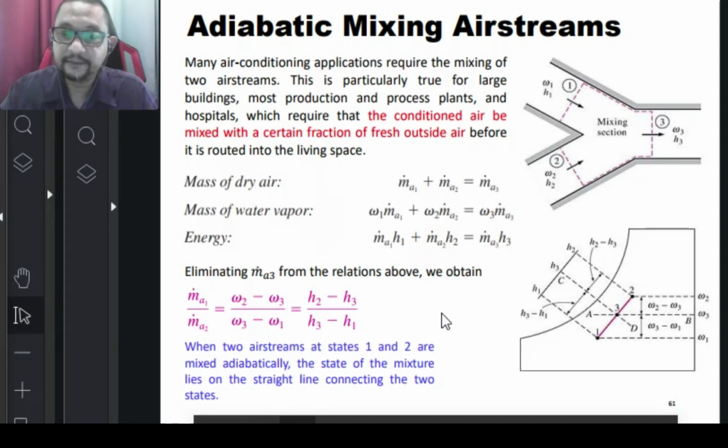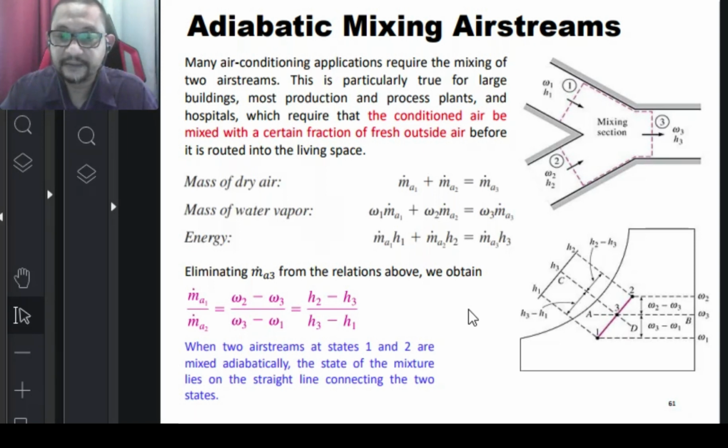When two states are mixed adiabatically, the state of the mixture lies on the straight line connecting the two states.